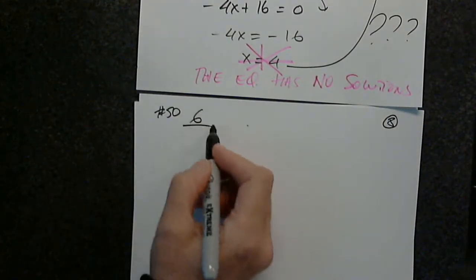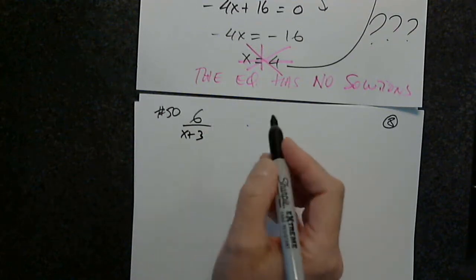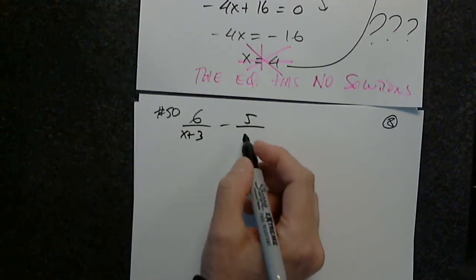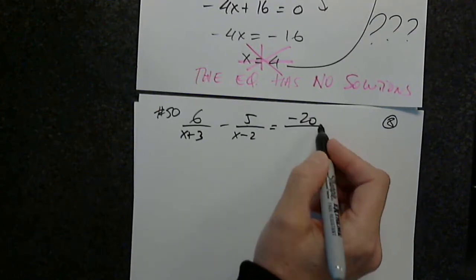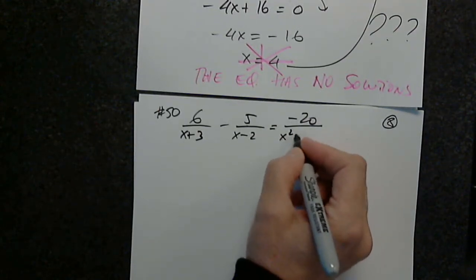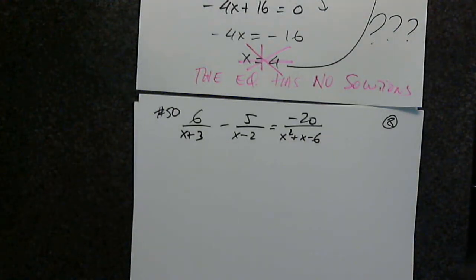I highly recommend you do as many as you can till you grasp the steps and remember all the steps. Negative 20 divided by x squared plus x minus 6. And then I would like to move on to a word problem before we continue.